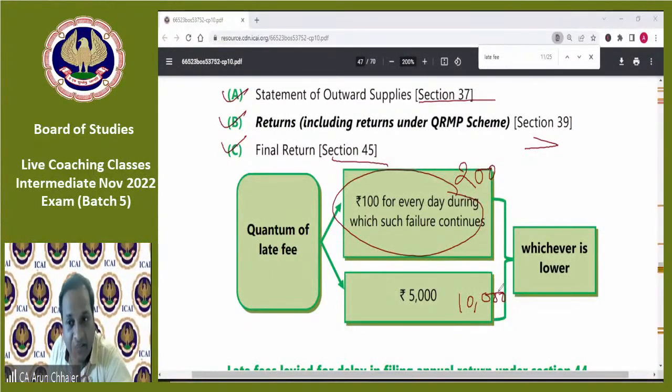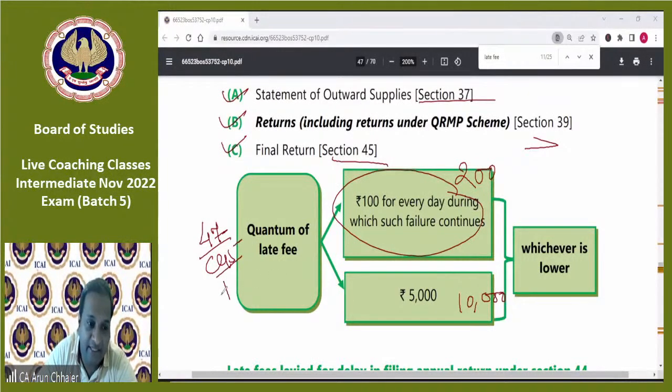Always remember one thing: in law, we are reading the CGST Act. Which Act are we reading? CGST Act. So when you read the penalty amount or any late fees, you are reading section 47 of the CGST Act. You will add an equivalent amount of SGST.